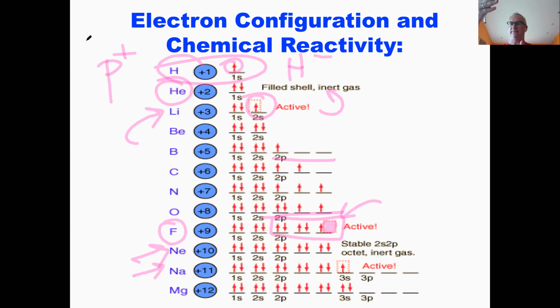Sodium and fluorine both want to achieve the electron configuration of neon. They have two different ways to do it. Fluorine steals an electron to fill this outermost shell. Sodium is one more than neon. That's the only electron it has in its outermost shell.